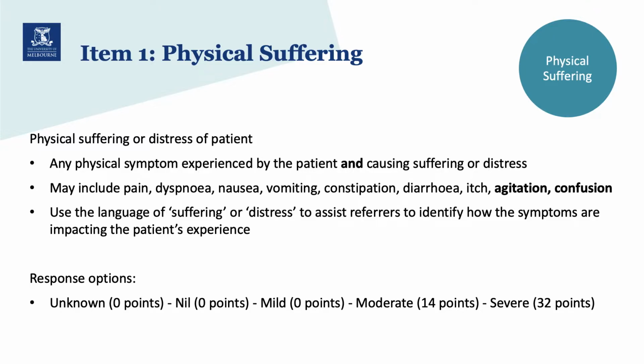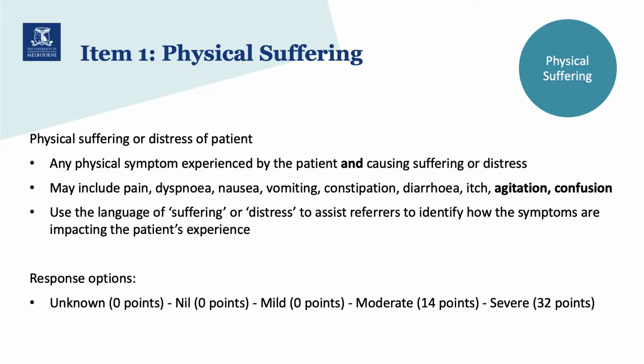And there's not really any changes to management planned, and their symptom severity is relatively stable. Moderate might mean that they are using PRN doses, but finding them only partially effective to control that symptom, and they're really having an inadequate response to management. Or further changes to management are anticipated in the next few days, and their symptoms might be worsening.